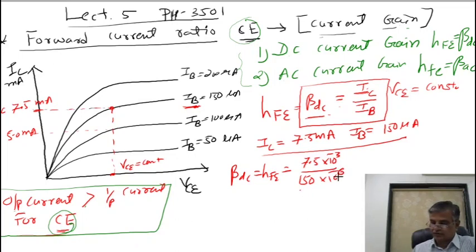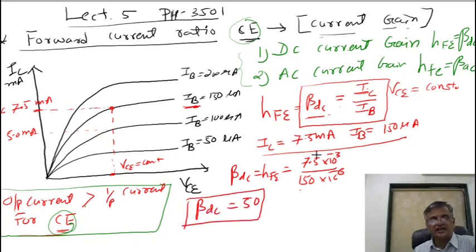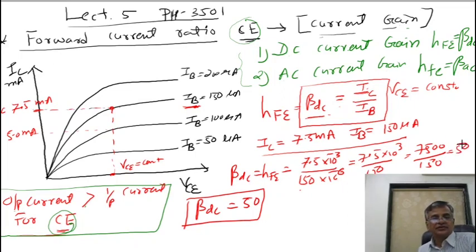This is in microampere, so I have done like this. So beta DC is 50. You can check your calculation: 7.5 into 10⁻³ upon 150 into 10⁻⁶, that is 7500 divided by 150, so you will get 50. Not necessarily you have to take this information. This is just for your understanding.